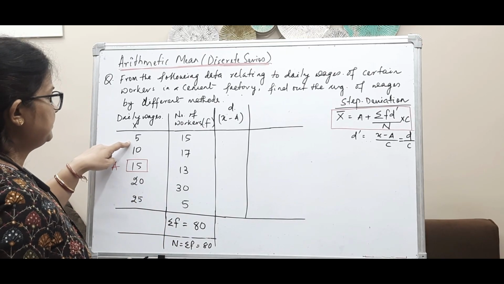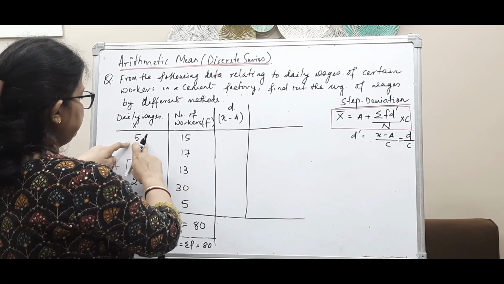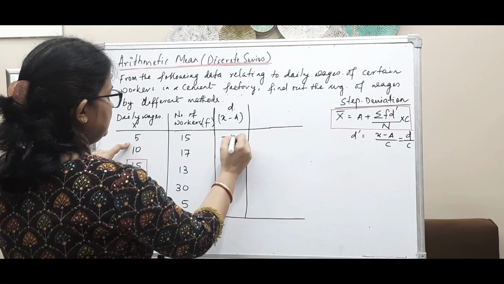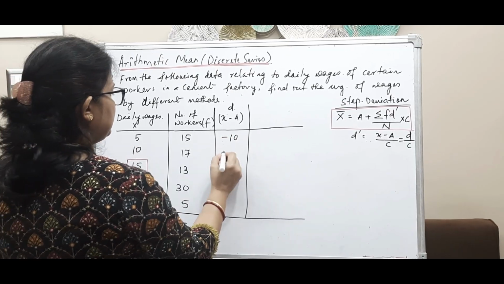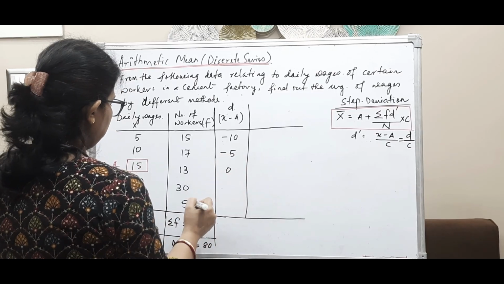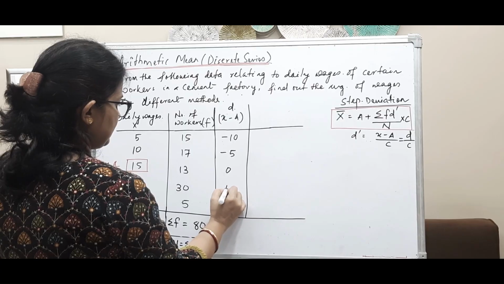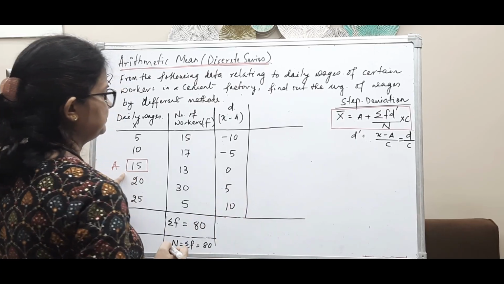So d for the first case is 5 minus 15, which is minus 10. Then 10 minus 15 is minus 5. 15 minus 15 is 0. 20 minus 15 is 5. 25 minus 15 is 10.